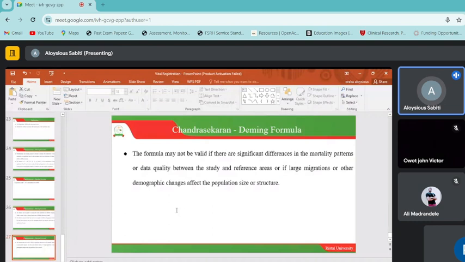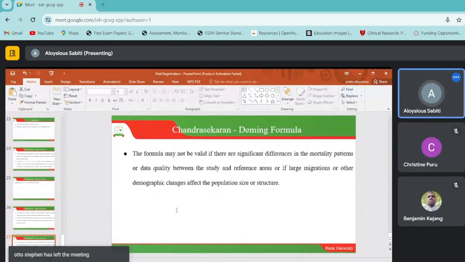So the formula may not be valid if there are significant differences in mortality patterns or data quality between the study and reference areas, or if large migrations or other demographic changes affect the population size or structure.